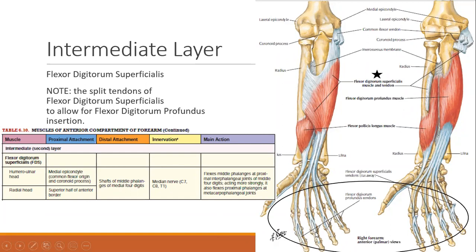And that's because a different muscle's tendons go underneath the tendons of flexor digitorum superficialis to insert even farther along on the phalanges. But yeah, so flexor digitorum superficialis coming down and inserting on your middle phalanges, splitting in half and then inserting on each one of the middle phalanges.